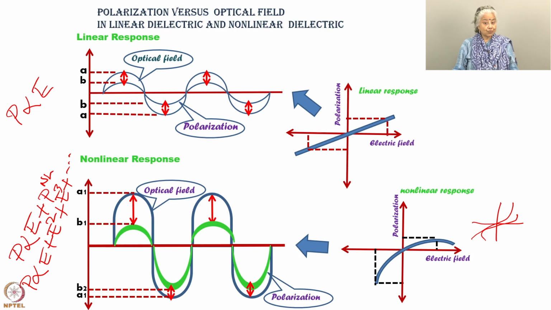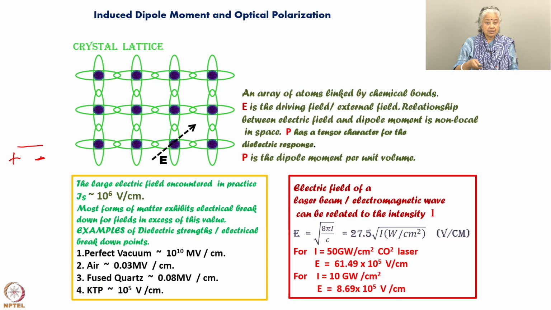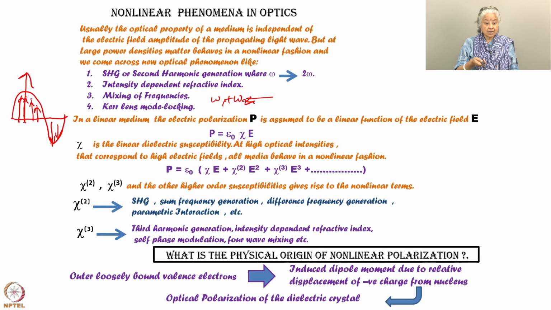So, we will go through all the effects that I have shown previously: second harmonic generation, intensity dependent refractive index, mixing of frequencies, Kerr-lens mode locking, and many such phenomena.